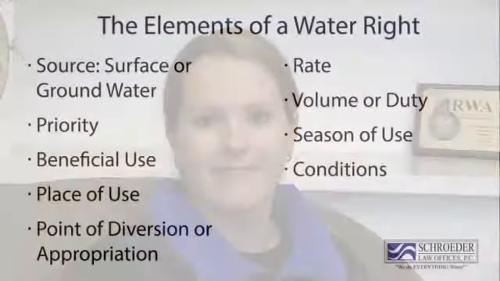Once that water is developed, there's a process to perfect that water right wherein a certificate will be issued. For more details on the specifics of developing your water use, you can look at the state statutes, rules, and regulations.